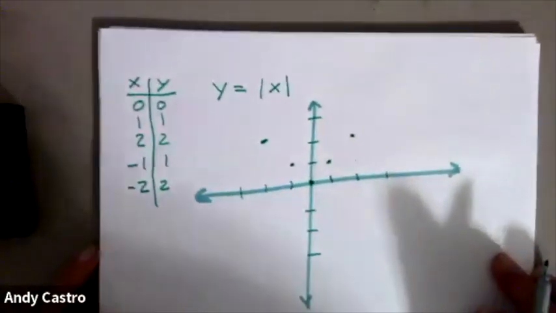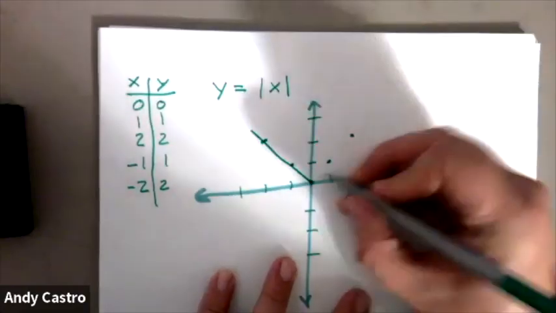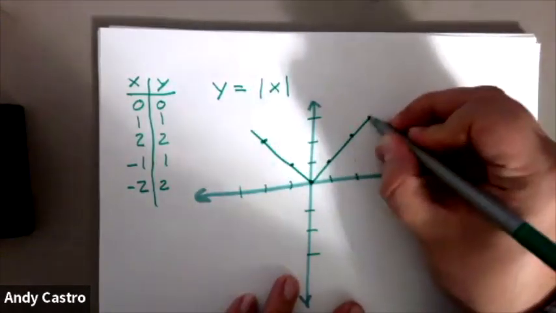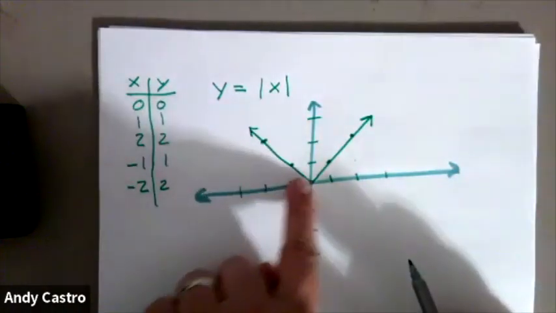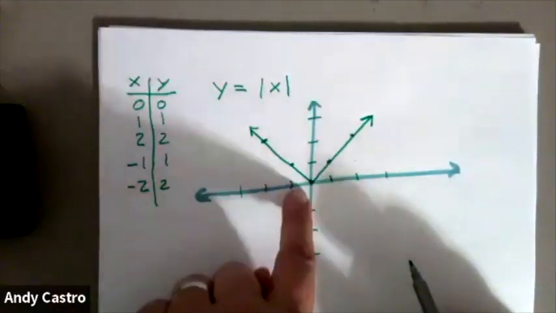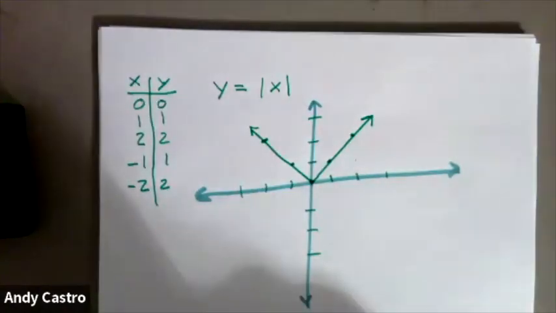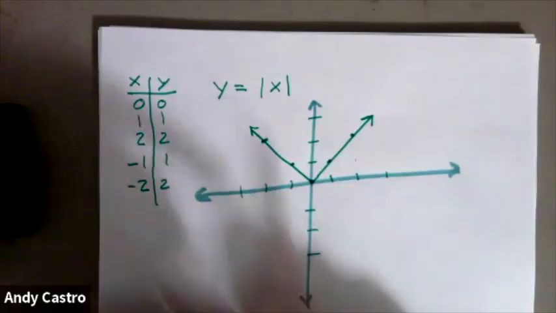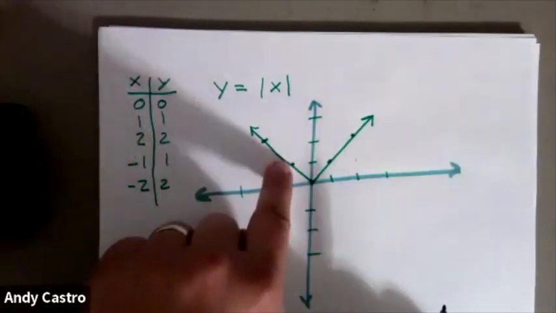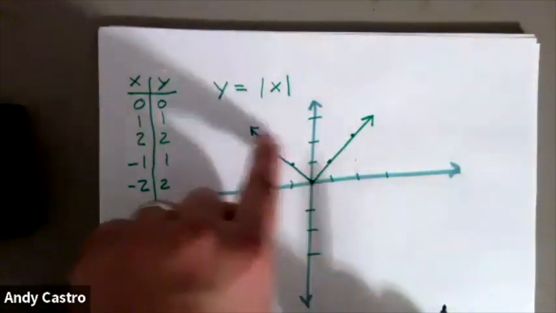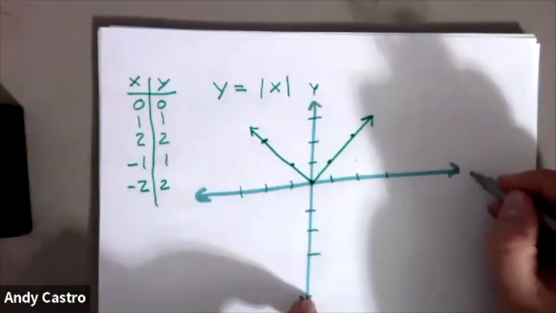So the absolute value equation does this. Creates this corner as it comes down and out. So it creates a very interesting graph. It's not linear, right? It's not a line that keeps going in the same direction. It sort of mirrors itself on, in this case, either side of the y-axis.